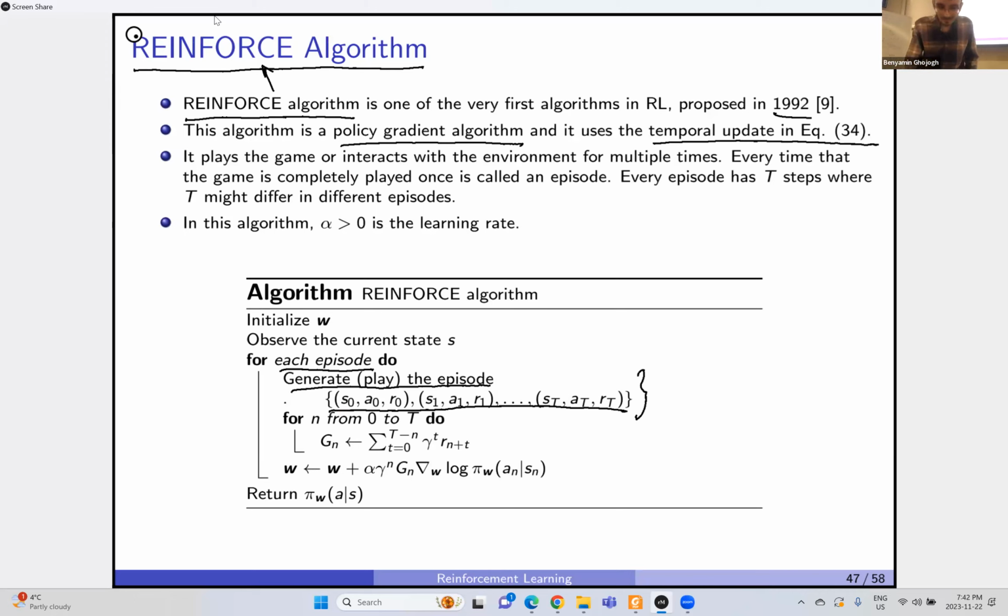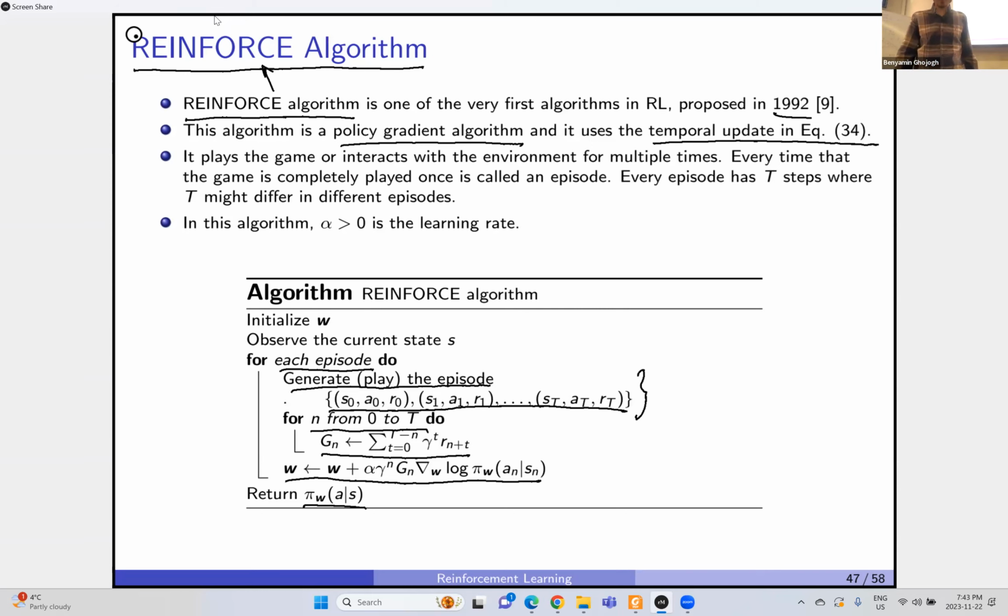Then along the trajectory of this episode, you calculate the total discounted reward. Every time step of this trajectory has some total discounted reward until the end. Then you do one step of gradient descent or backpropagation, and you play the game once again. So this is iterative until convergence of the policy pi.